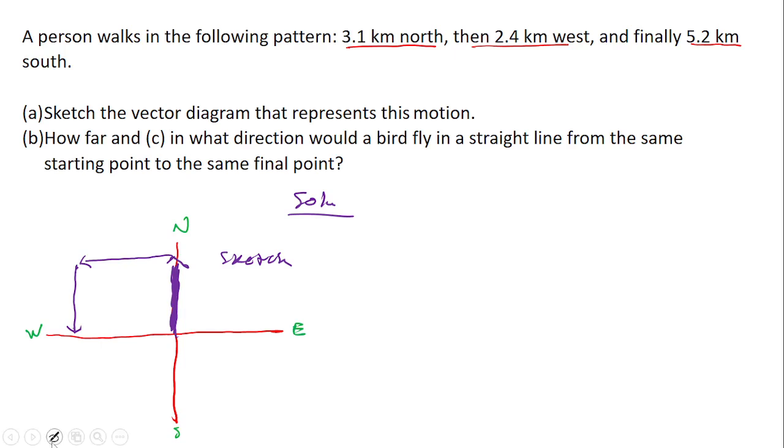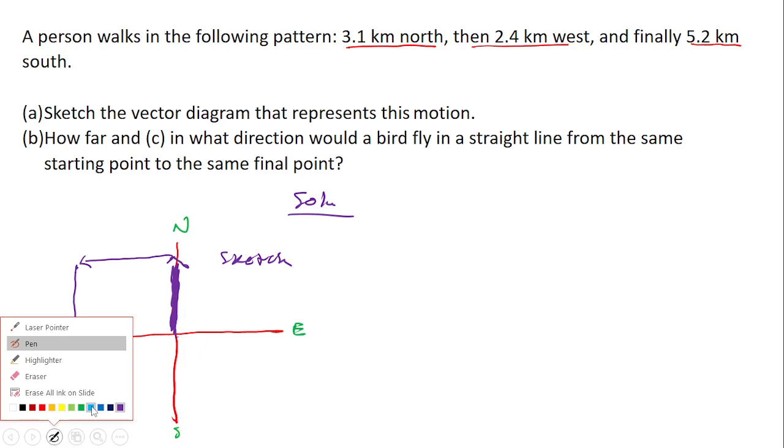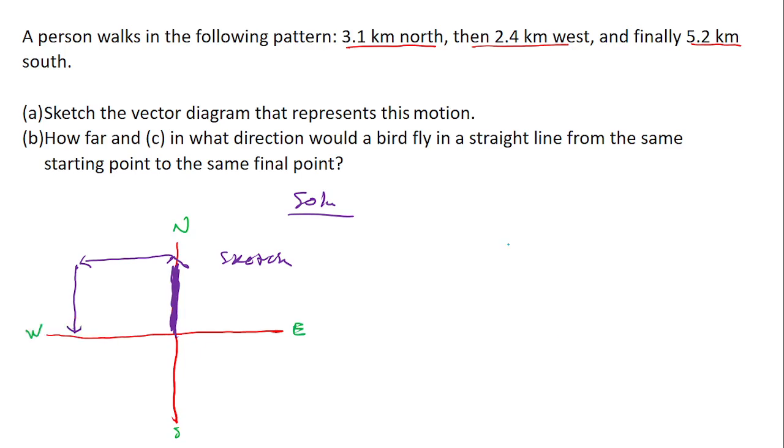With that in mind, this is how you're going to come up with the diagram. The proper diagram has to be a bit more accurate compared to the sketched one. So remember, we have the north, the east, the south, and the west.